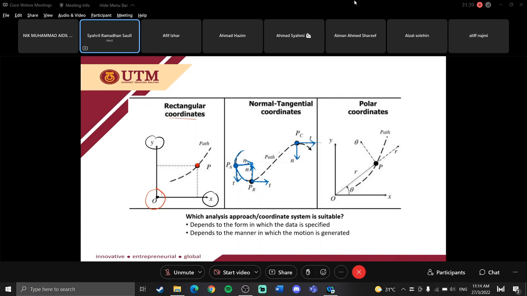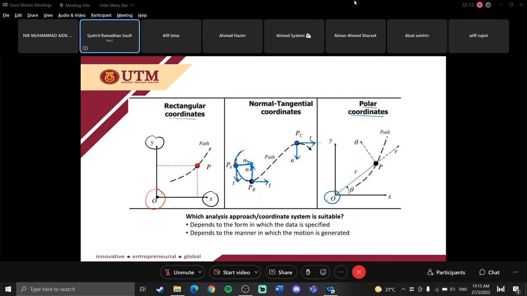Okay. Then the third analysis is polar coordinates. For polar coordinates, we still have a reference point. For this case, the origin will be our reference point. In a certain case, let's say you look at a car moving around a curve. You are sitting at a certain point and the car is moving, so the reference point is you.